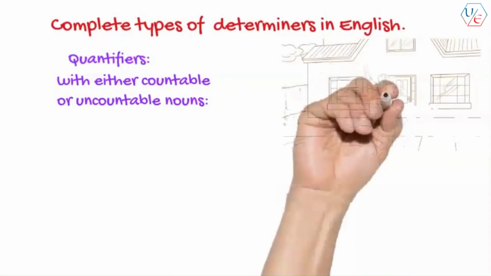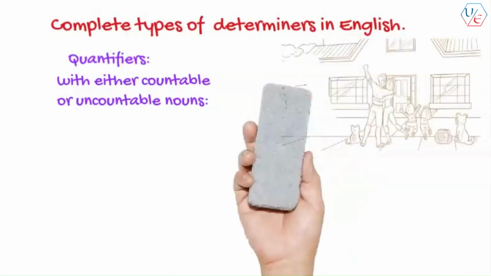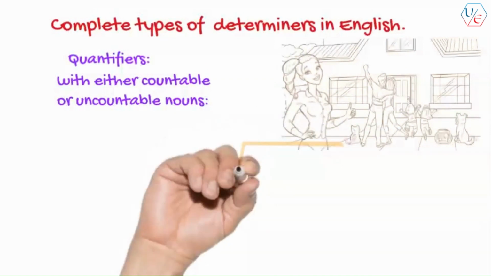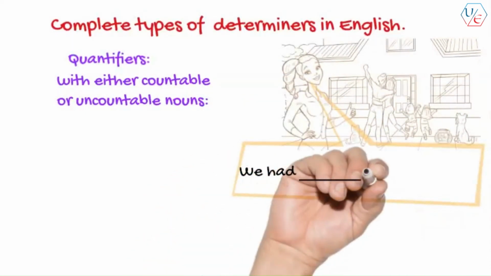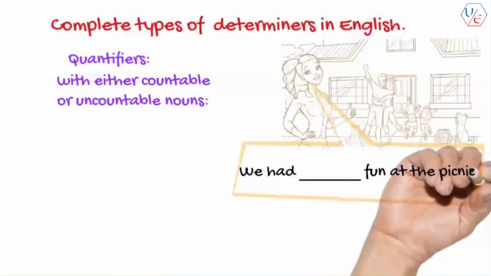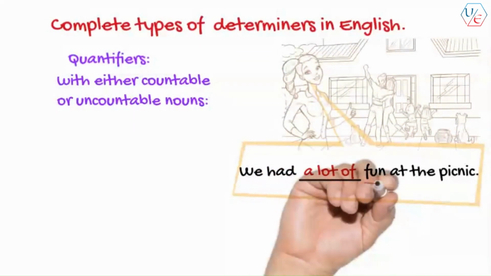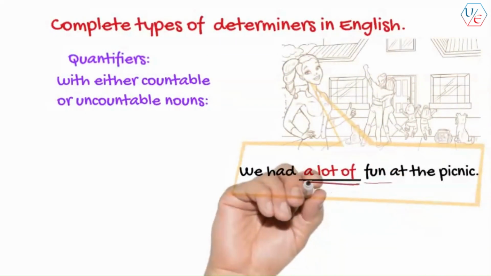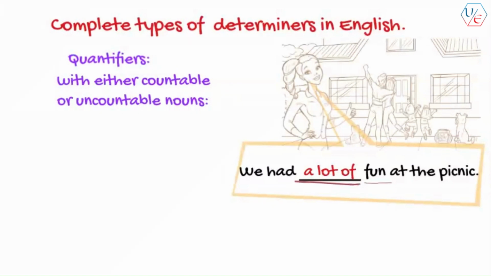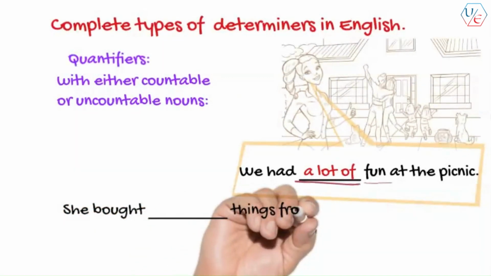Some quantifiers can be used with either countable or uncountable nouns. For example, we had a lot of fun at the picnic. Here, fun is an uncountable noun. It is introduced by the determiner a lot of. Please note how the same determiner introduces the noun things in the sentence, she bought a lot of things from the store.